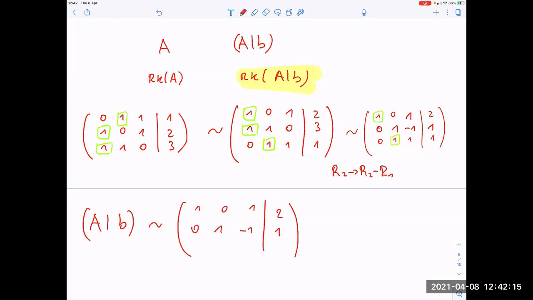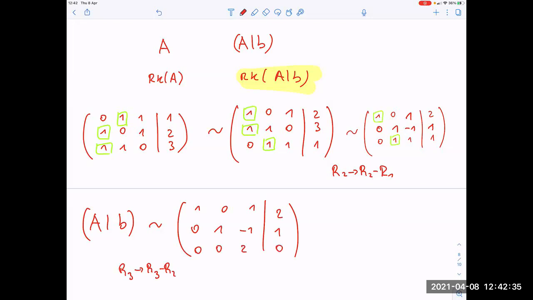And then we can subtract row 3 as row 3 minus row 2. So we get 0, 1 minus 1 is 0, 1 minus 1 is 2, 1 minus 1 is 0.